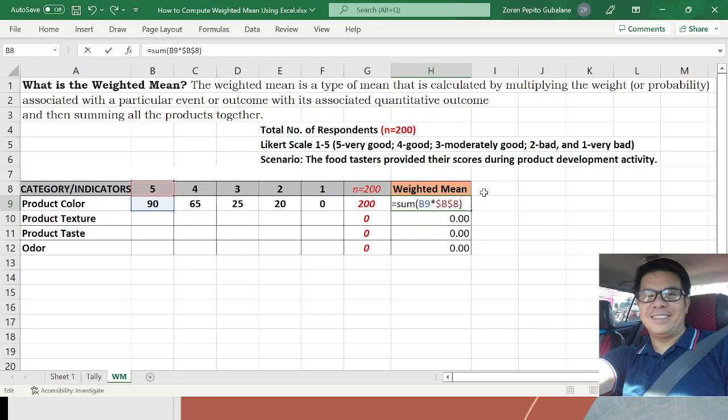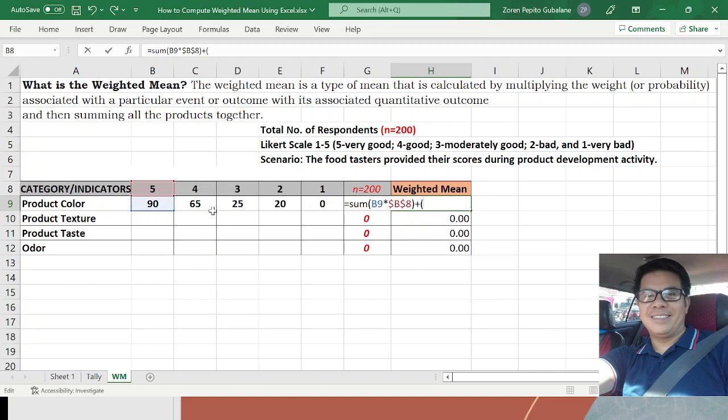So again, we are indicating the dollar sign to keep the values constant. Let's have the plus sign and then the open parentheses.